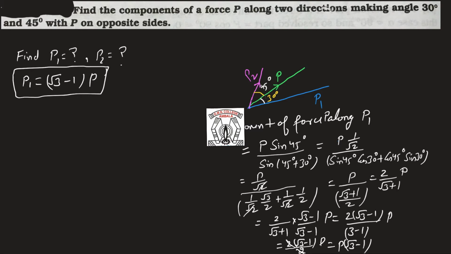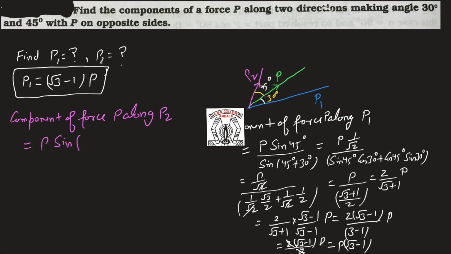This is the first component. Now next we are required to find the second component. So I shall be writing: component of force P along P2 is equal to P sine of the other angle.